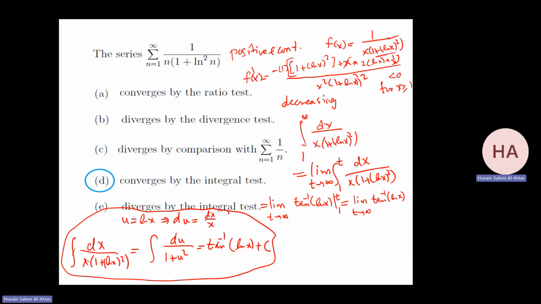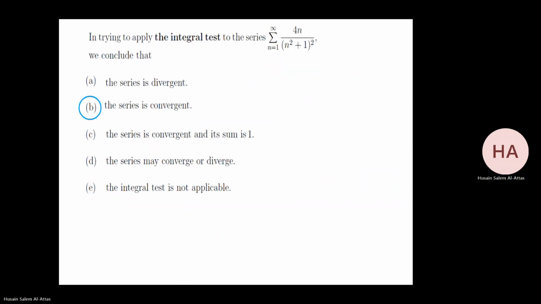Ln 1 is 0, tan inverse of 0 is 0, gone, and this will be pi over 2, since as t goes to infinity, tan inverse of infinity is pi over 2. Converges. So the series converges by the integral test.